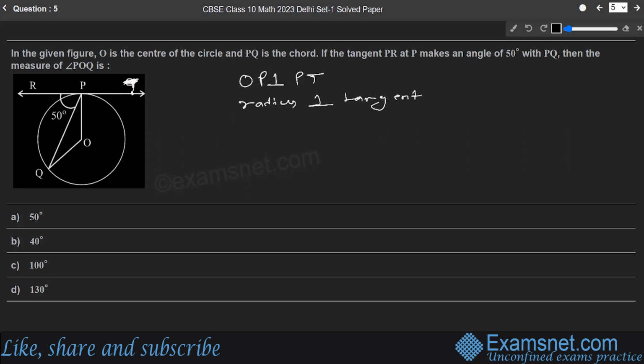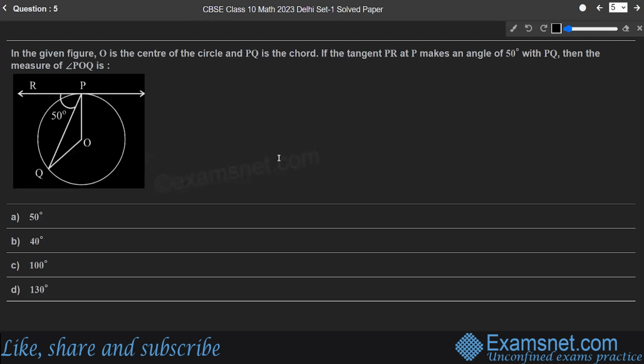So angle OPT is 90 degrees, and similarly angle OPR is 90 degrees.